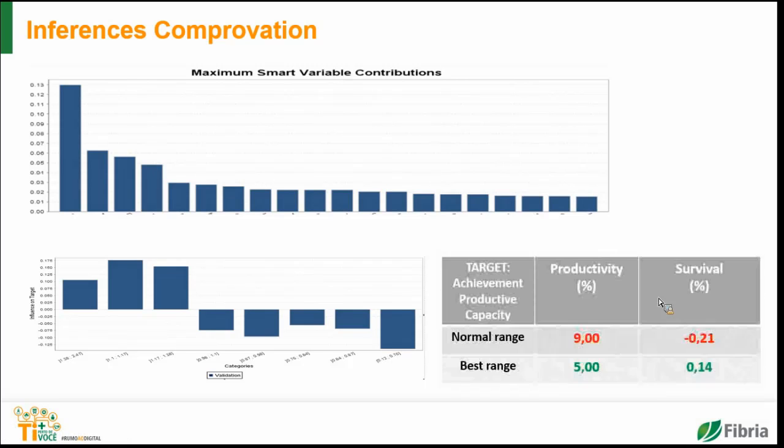Here we have data from the project that say that in the positivity, the best range, the positive part, contributes like 5% in the positivity and 0.14 in the survival index, and in the normal range it avoids you to lose like 90% in the positivity and 0.21 in the survival index.